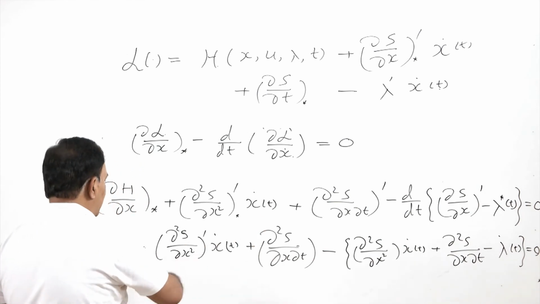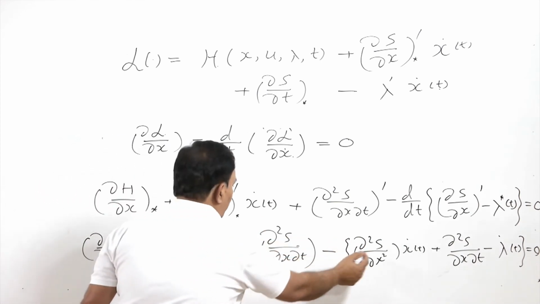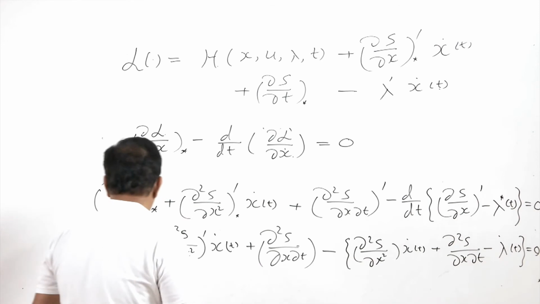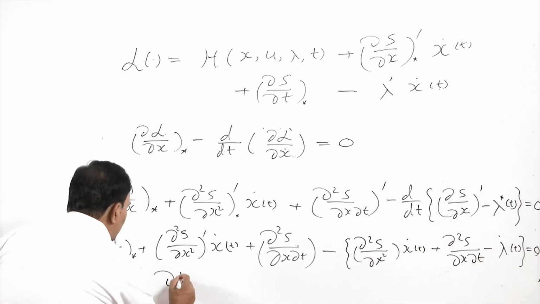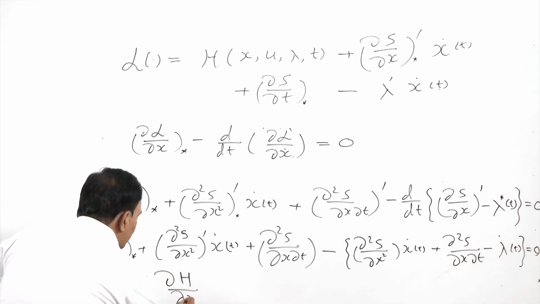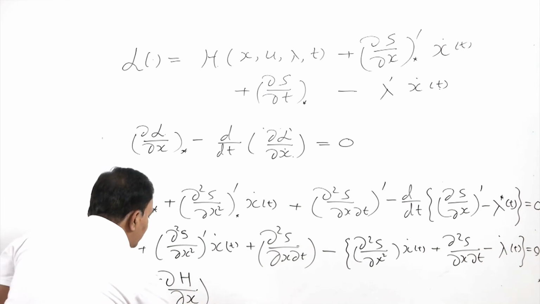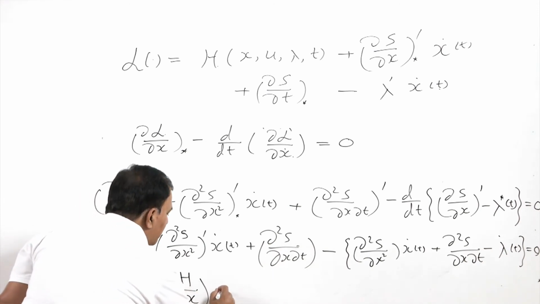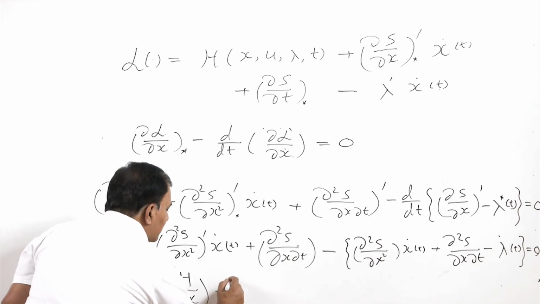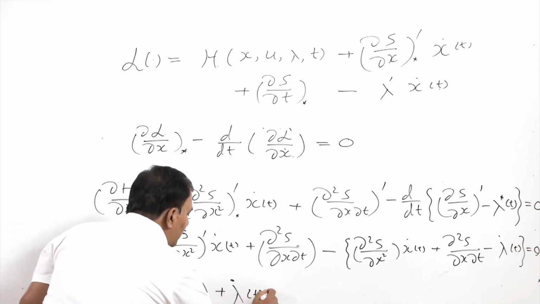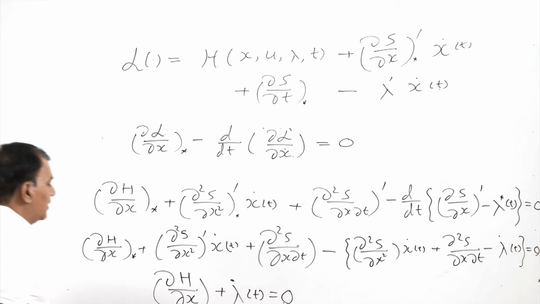Now, if you expand this, this term will cancel out, this term will cancel out, and I will be left only with del h by del x plus lambda dot of t equal to 0.